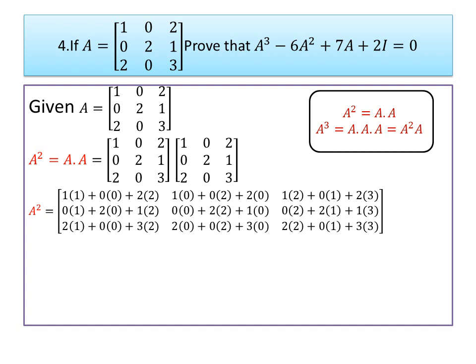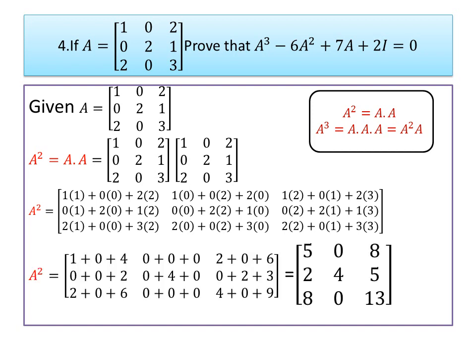Finally, third row to the first column elements: 2 into 1 plus 0 into 0 plus 3 into 2. Third row to the second column elements: 2 into 0 plus 0 into 2 plus 3 into 0. Third row to the third column elements: 2 into 2 plus 0 into 1 plus 3 into 3.